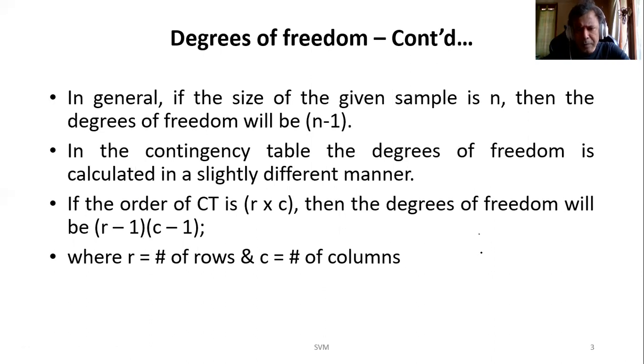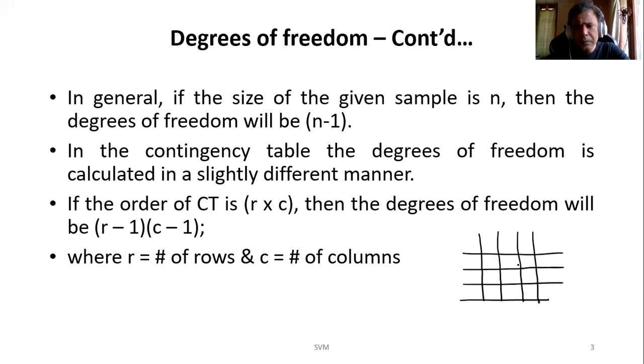Like this, maybe. Let me say, I'll draw 3 rows and let's say 4 columns. And here we have row totals. Let us say this is row 1, row 2, row 3. This is column 1, column 2, column 3, column 4. This is column total.